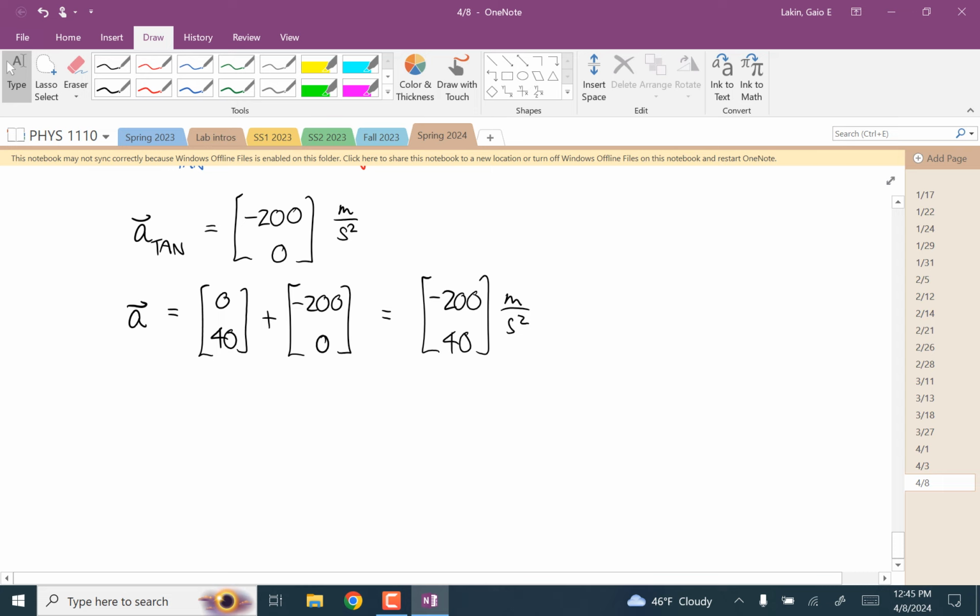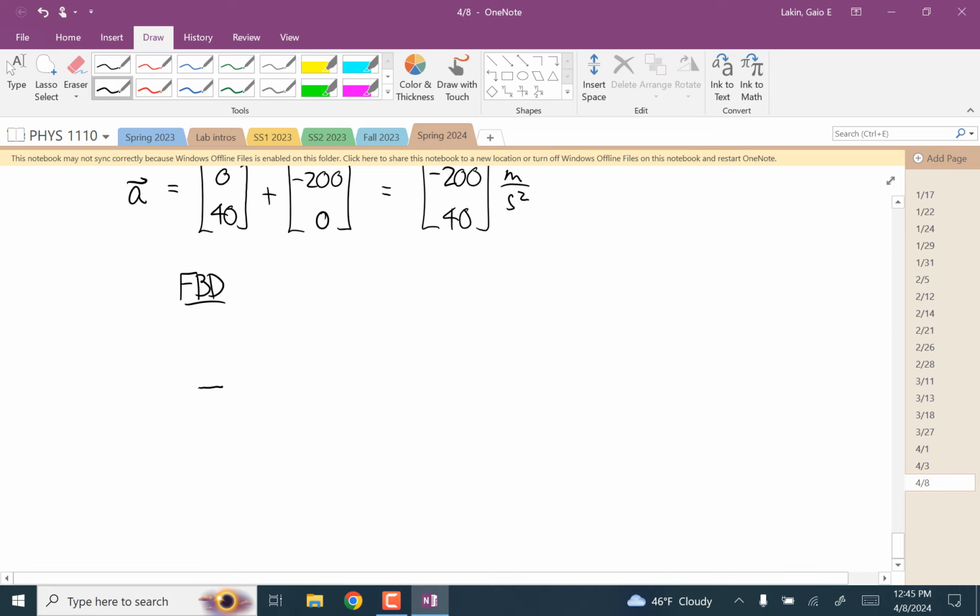Now that we have that, we can draw the free body diagram of the pilot. At this instant, at the bottom of that motion, the pilot's sitting upright like this. We have a downward force of 981, an upward pushing force N_S from the seat, and the back of the seat is pushing this way.